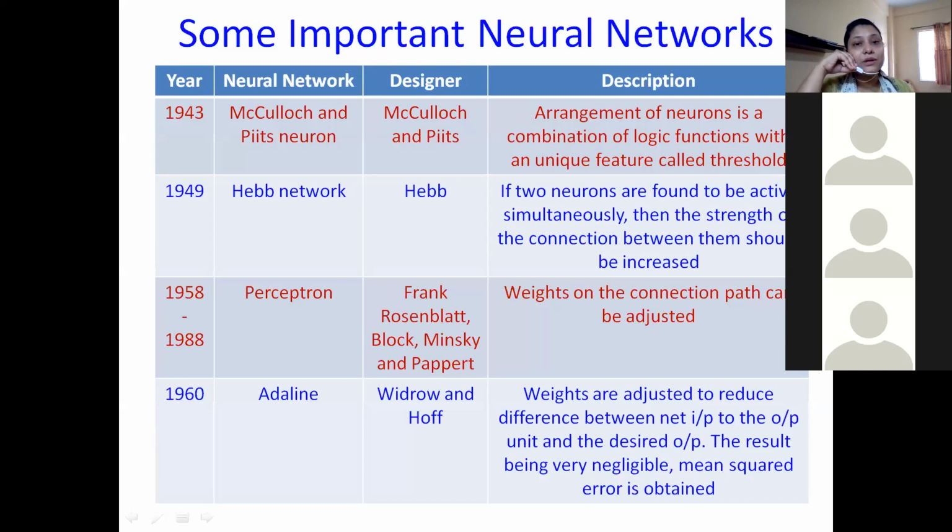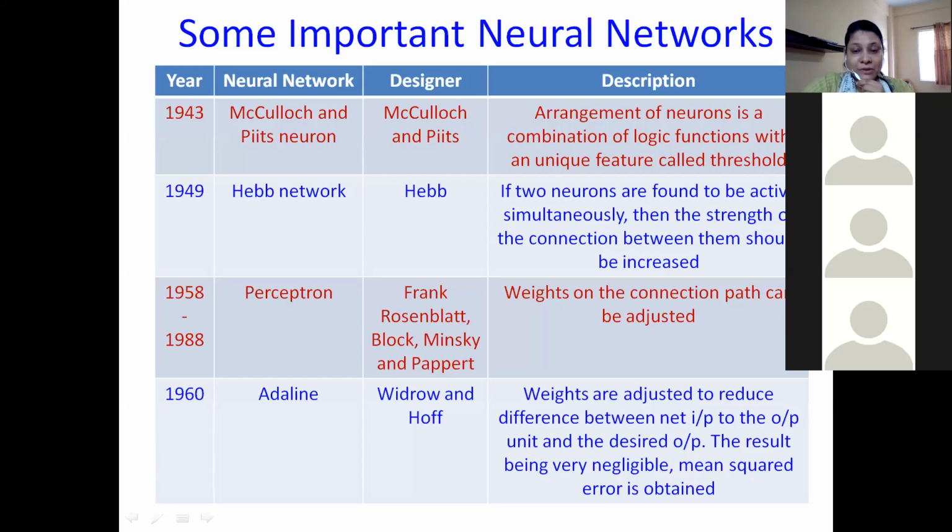Can you remember, when we covered the perceptron neural network, we talked about the gradient descent algorithm or gradient descent learning. In that manner, this delta rule, or Widrow-Hoff rule, or least mean square rule, all these are indicating only one rule.